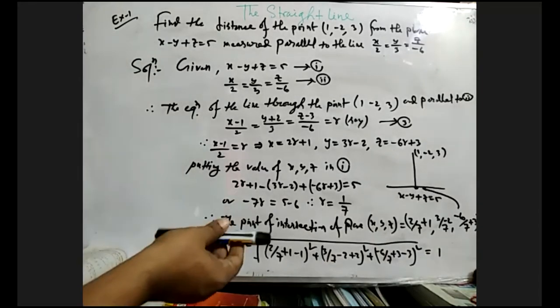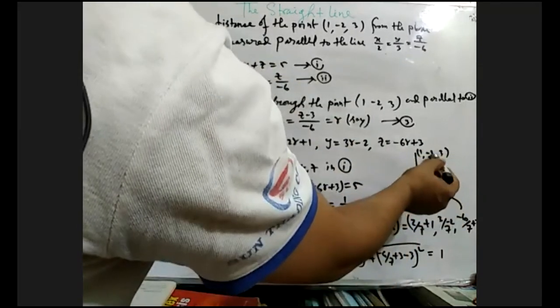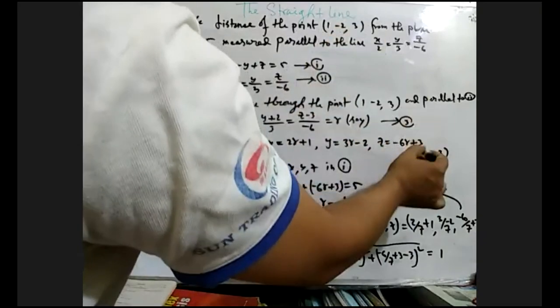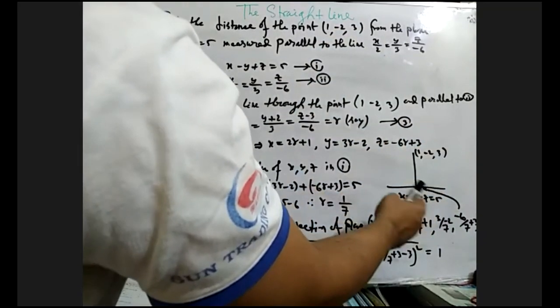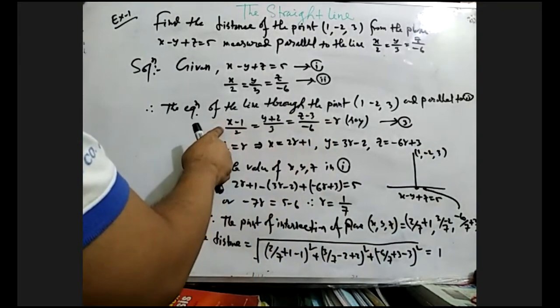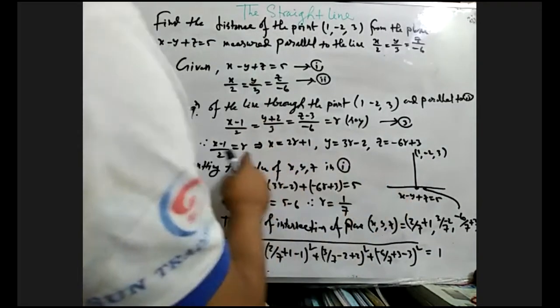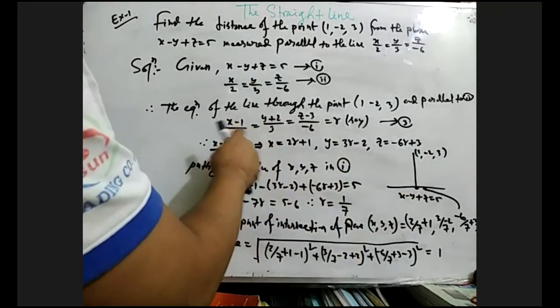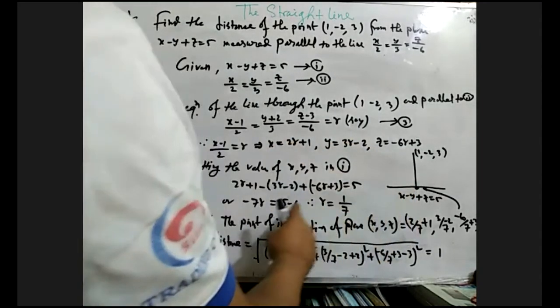Okay, so the given plane is this, and the given point is 1, minus 2, 3. So you have to find the distance from this point to the plane. This is the symmetric form of the straight line from this point. From this ratio we get x, y, z, which is the point on the plane.